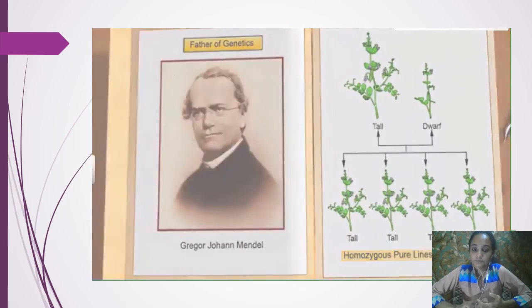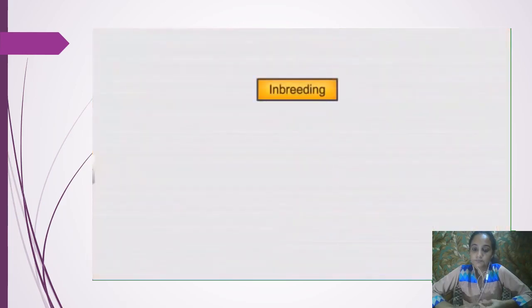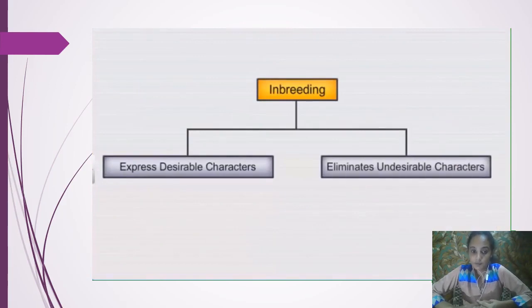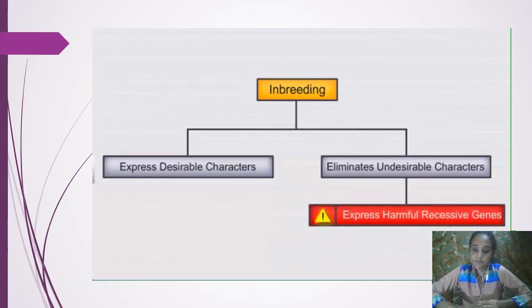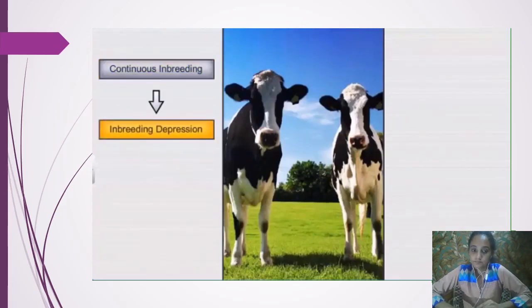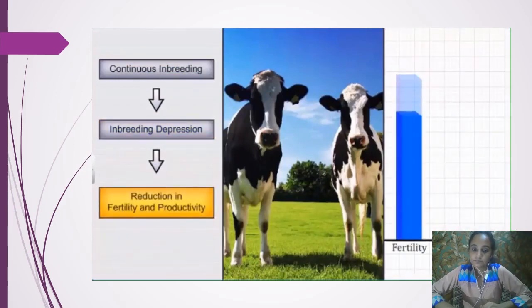Inbreeding also helps in the expression of desirable characters and the elimination of undesirable ones. So what is the advantage of inbreeding? Expressing desirable characters and eliminating the undesirable characters, and expression of recessive genes which are harmful. If inbreeding among closely related breeds is continued, it can result in inbreeding depression, which is reduced fertility and productivity.